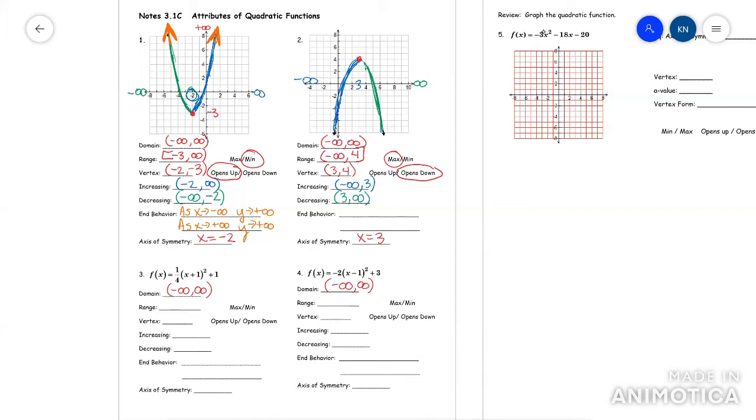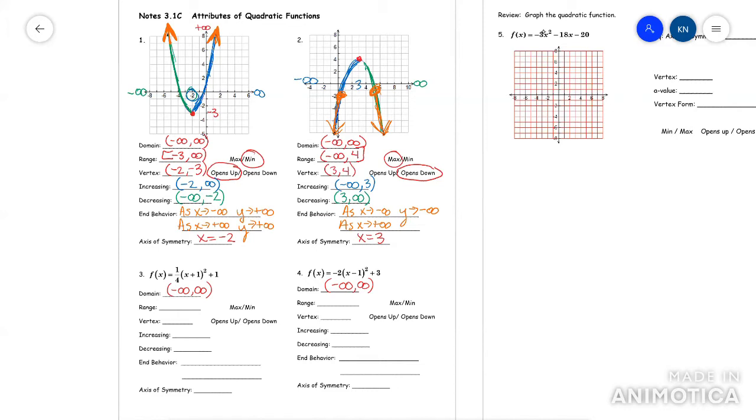And the end behavior, if I hop on this line and start going backwards, like to the left, the arrow at the end is going down. So as x goes to negative infinity, that's like saying if I go left, my y value is going down to negative infinity. Now the other one, as x goes to positive infinity, that's like hopping on the line and starting going to the right.